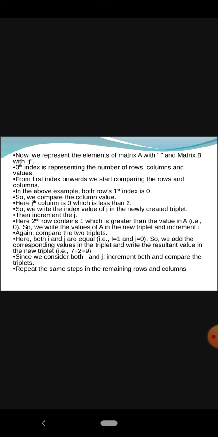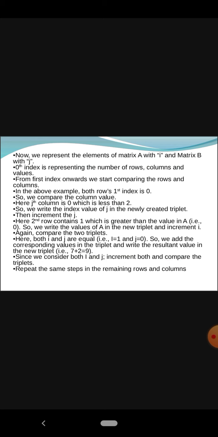Okay, here the second row contains 1, which is greater than the value in A, that is 0. So we write the values of A in the new triplet and increment I. Again compare the two triplets. Here both I and J are equal, that is I is equal to 1 and J is equal to 0. So we add the corresponding values in the triplet and write the resultant value in the new triplet.